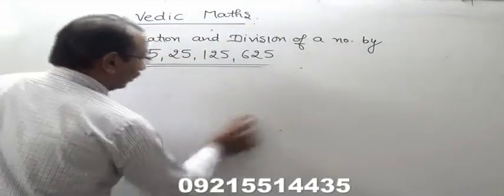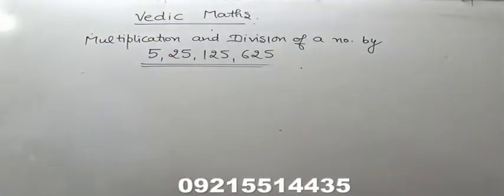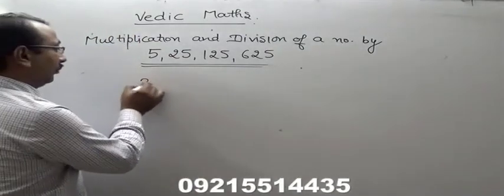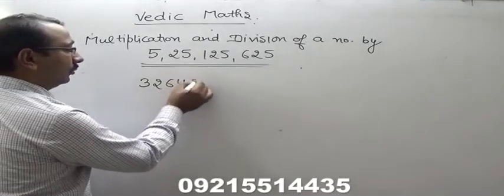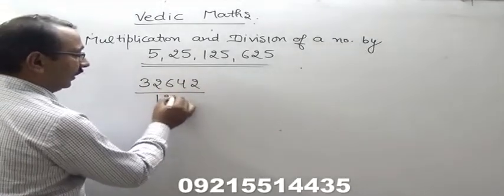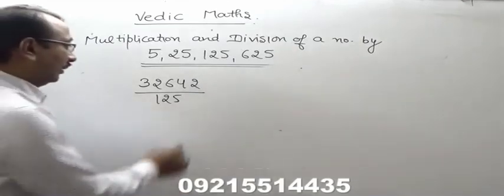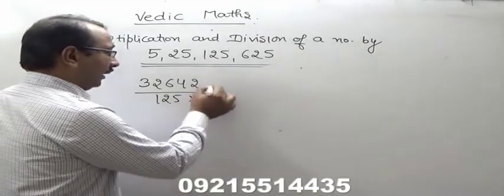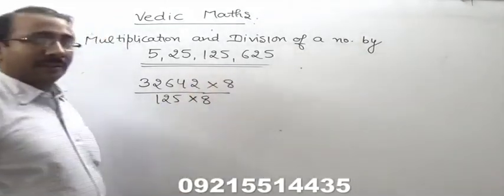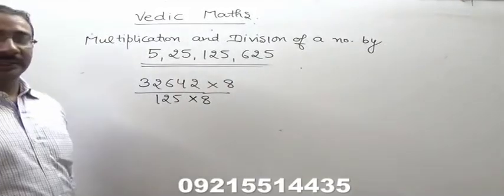Same, we can also divide a number by 125. Suppose 32642 divided by 125. In case of 125, first of all I have to make it 1000, so multiply by 8 and here also 8. Now 125 into 8 is 1000.